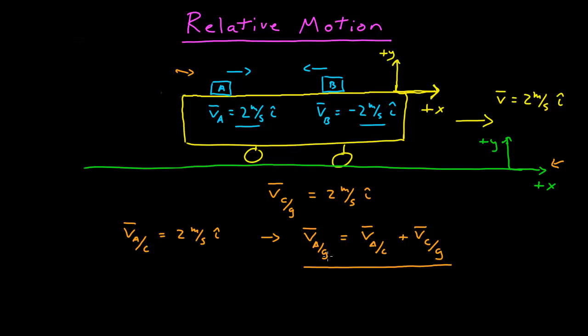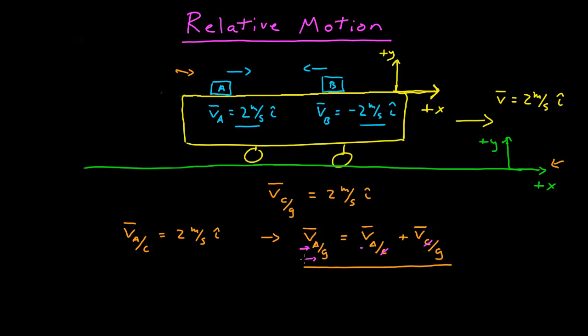I've used words to describe this relationship, and the notation that goes along with it is there to help remember how this goes. Here's the mass of the object, and I want to know it relative to the ground. If I think about this subscript notation, here's the mass relative to the car, relative to the ground. If you think about these subscripts as multiplying them together, you sort of cancel the c's and you get A divided by G equal to A divided by G. That's not what's really going on, of course, but it's a little device to help remember how these pieces fit together.